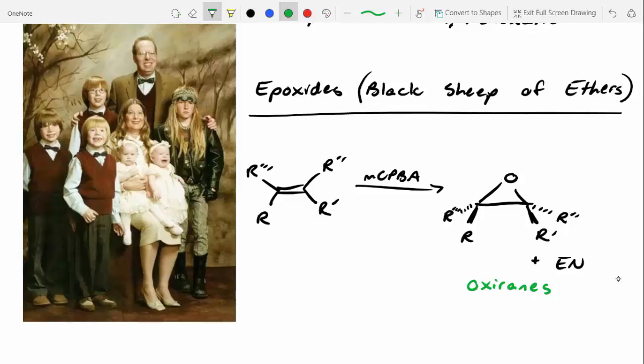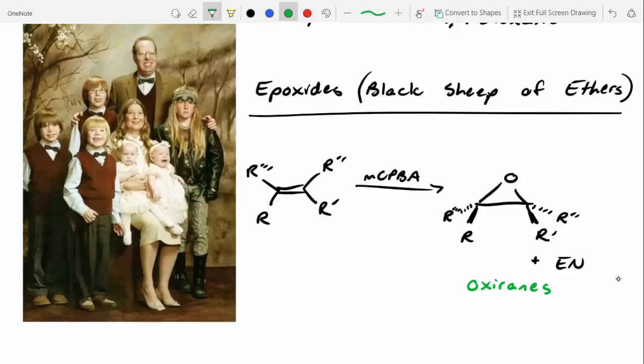Why are they so reactive? Why are they unstable or reactive? Yeah, the bond angle strain. If we look at this, those angles in that three-membered ring are about 60 degrees. What's the preferred angle for an sp3 hybridized carbon? Yeah, about 109.5.